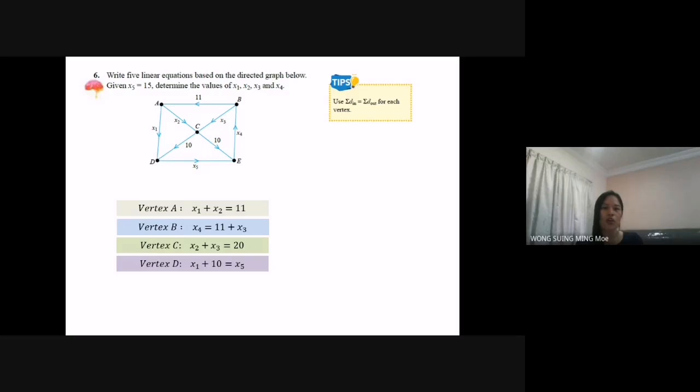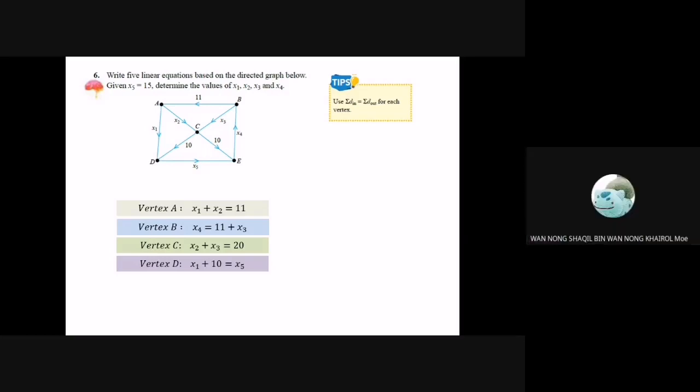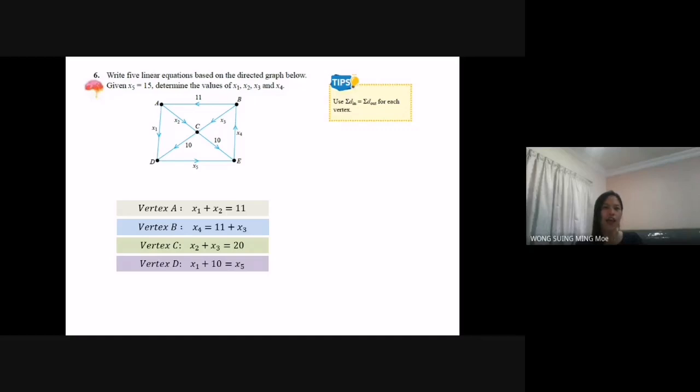How many arrows go into E? S5 plus 10. Yes, S5 plus 10 equal to how many out? One out only, right? Equal to what? S4. So the last one, vertex E: 10 plus S5 equal to S4.